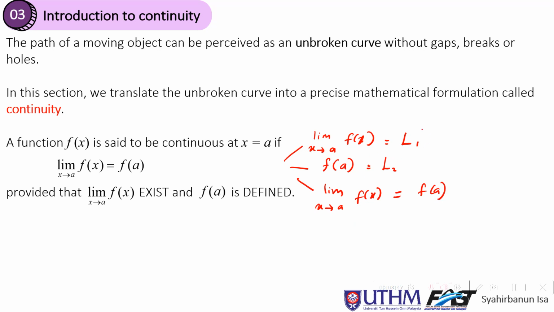That means our value L1 must equal L2. These are the three things that we need to find. The first is the limit, the second is the function at a point, and finally we check whether the limit equals the function.